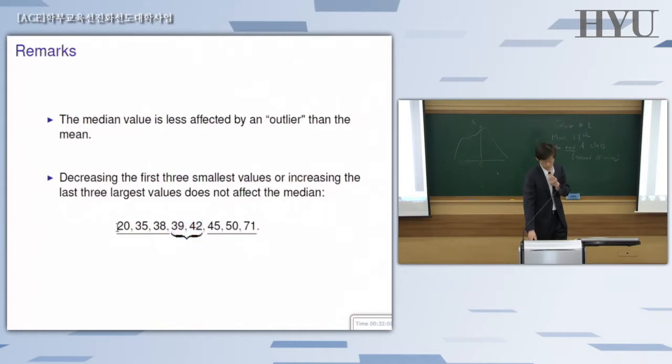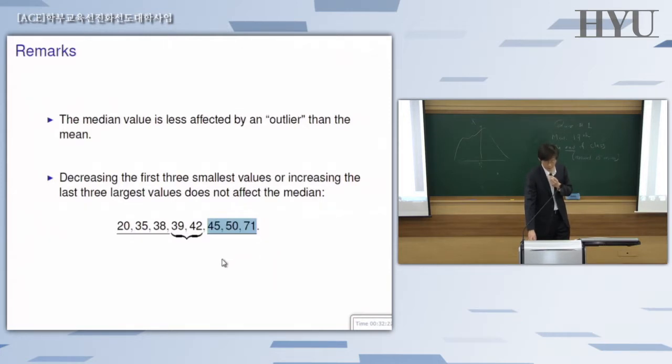Don't even look at the numerical values on the left hand side or the right end. So it's completely free of those potential big outliers or small outliers. It shows literally how robust this measure of location, median, can be to the potential outliers in the sample.